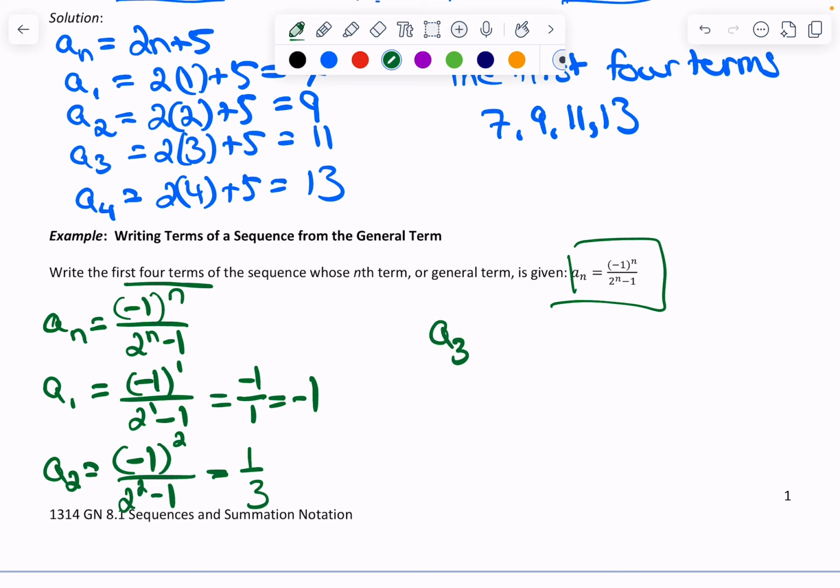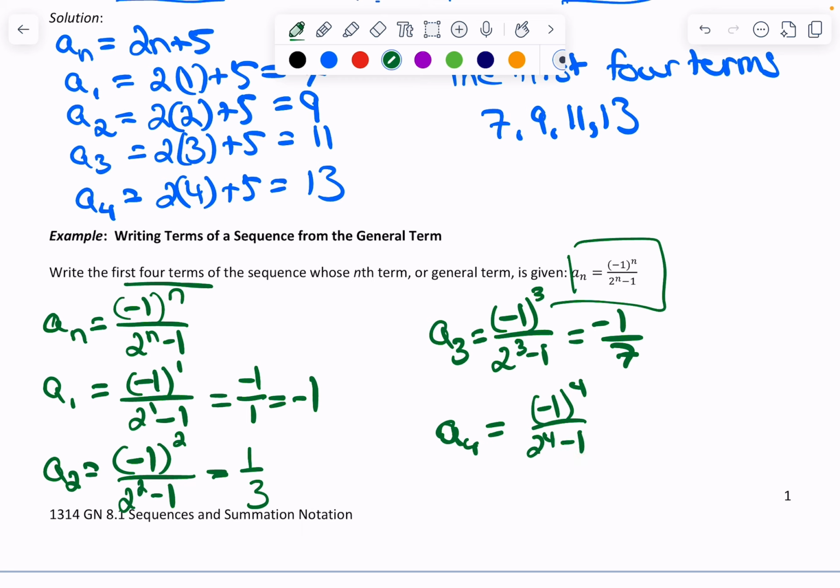Third term, negative 1 to the power of 3, over 2 to the power of 3 minus 1, negative 1/7. And fourth term is negative 1 to the power of 4, over 2 to the power of 4 minus 1, which is 1/15.